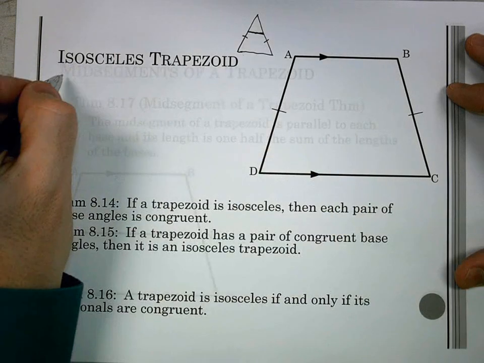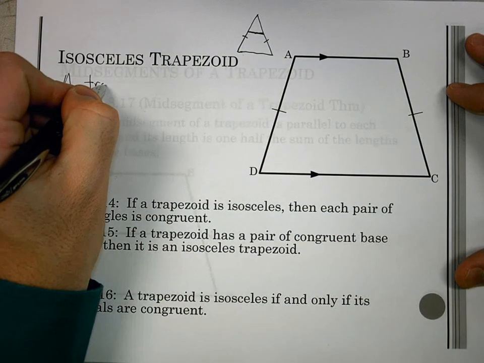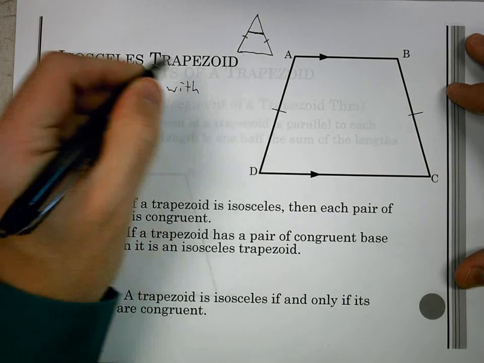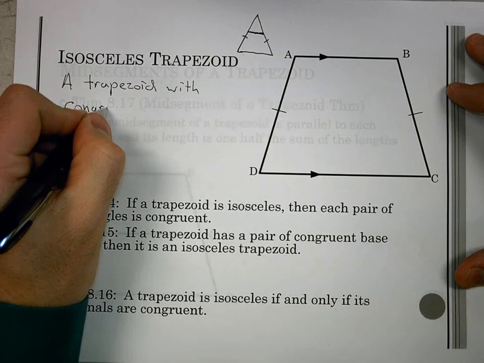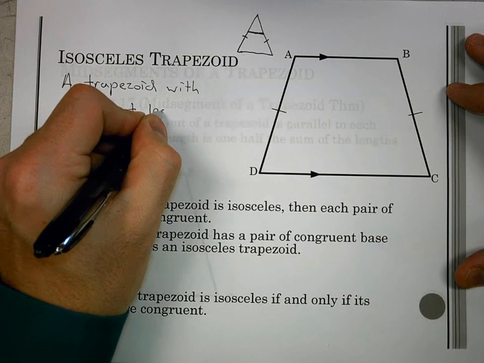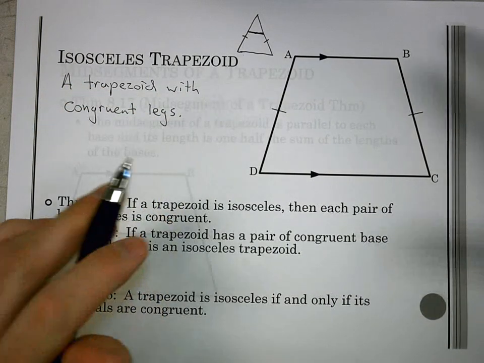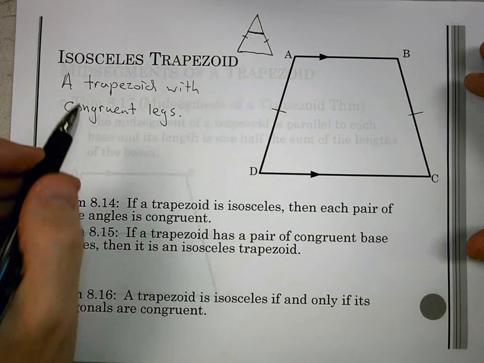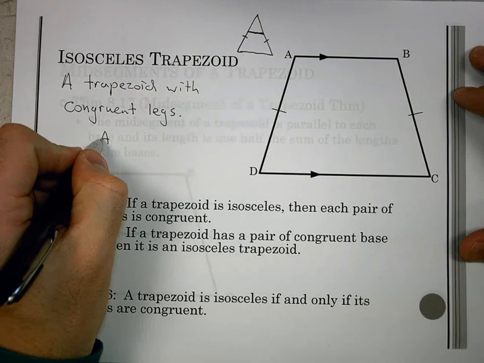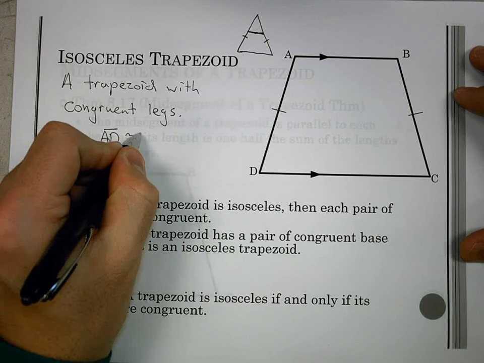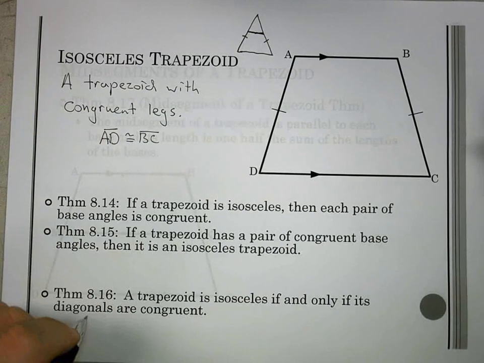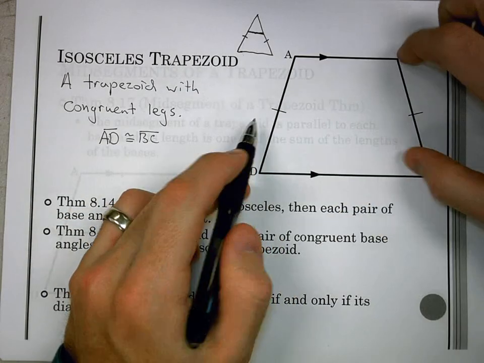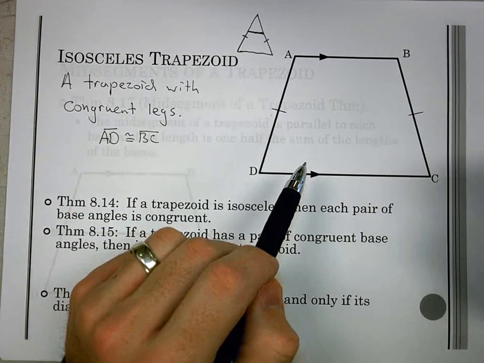So this is a trapezoid with congruent legs. Before, when we just defined the trapezoid, we said a trapezoid just had those legs, the non-parallel sides. Well, for it to be isosceles, we get that AD is congruent to BC. So these sides are congruent. These are still parallel, but again, these sides would be congruent.